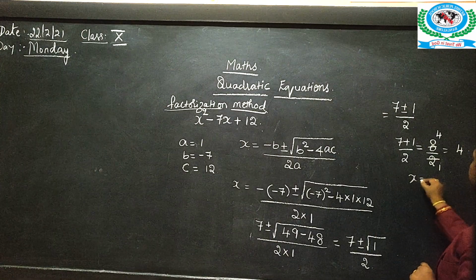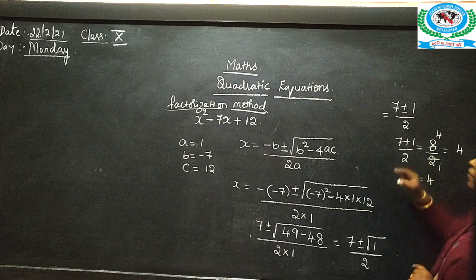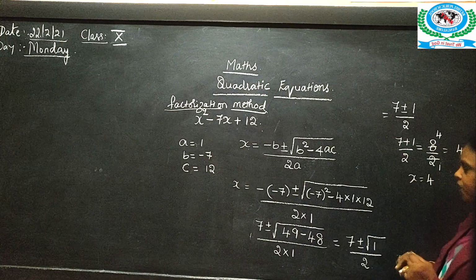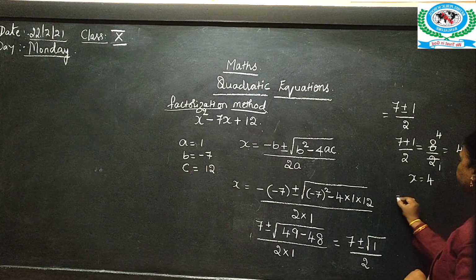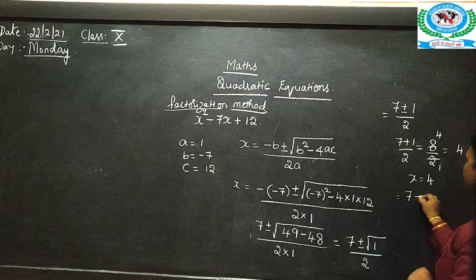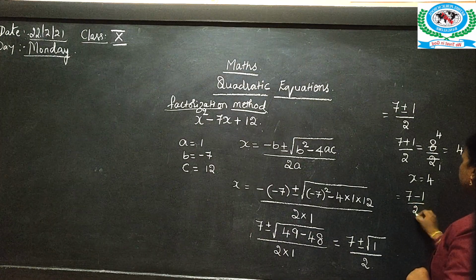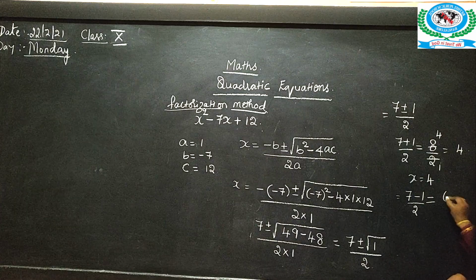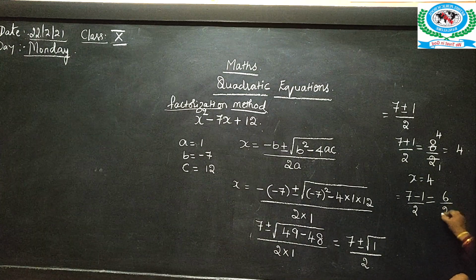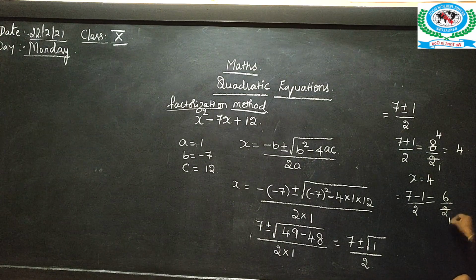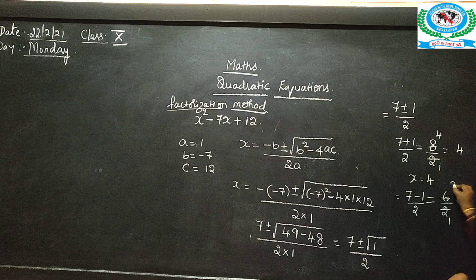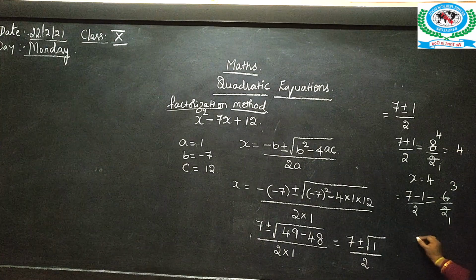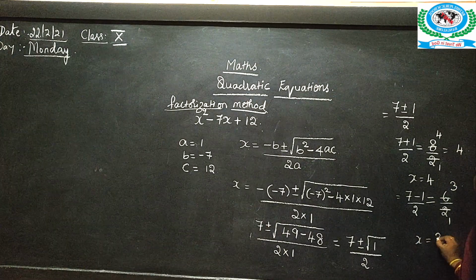So x value is 4 when you have taken positive. Next, take it negative. 7 minus 1 divided by 2. So 7 minus 1 is 6 divided by 2. So 2 ones are 2, 2 threes are 6. So x value is 3.